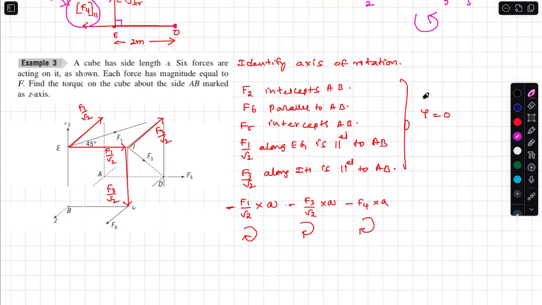See this. A cube has a side length A. 6 forces are acting on it, as shown.